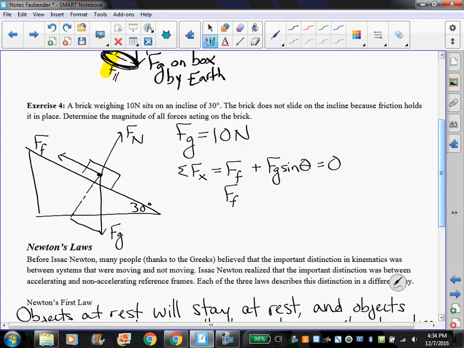So the force of friction plus 10 newtons times the sine of 30 degrees have to add together to be 0. If we do the algebra, we find that the force of friction ends up being negative 5 newtons.